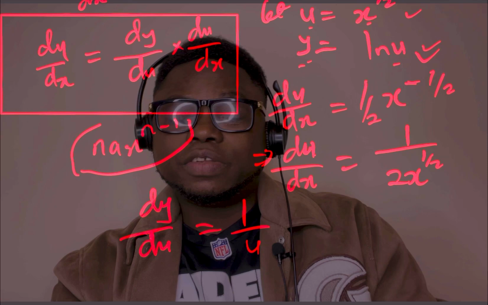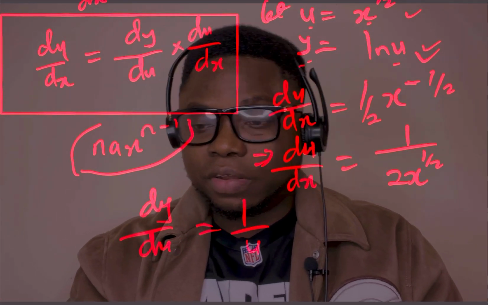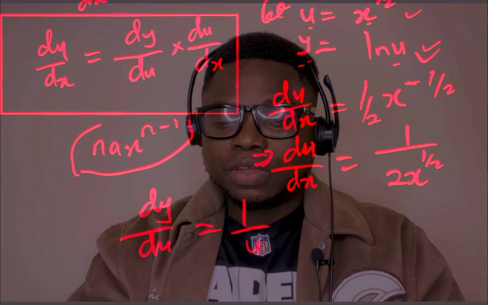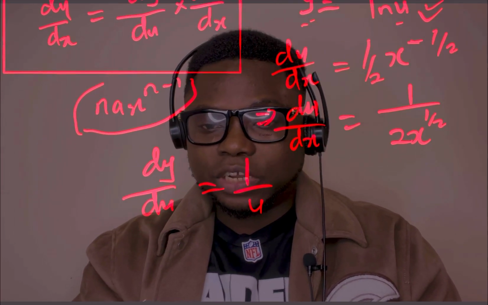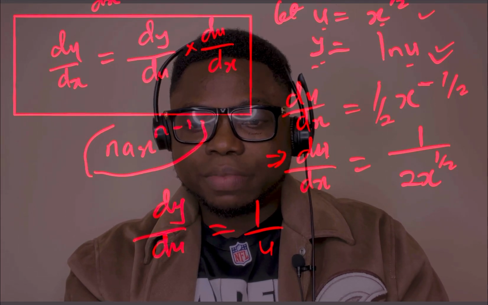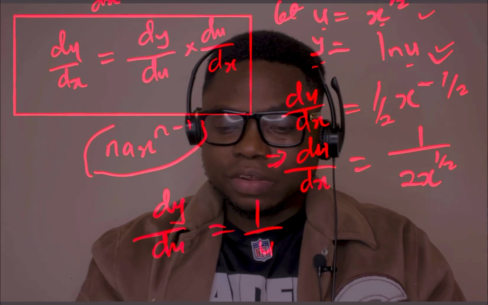Whenever you're looking for the derivative of ln of any variable, as I said earlier, it's going to be the reciprocal of that variable. So this is dy over du, and the chain rule says dy over dx is equal to dy over du multiplied by du over dx.